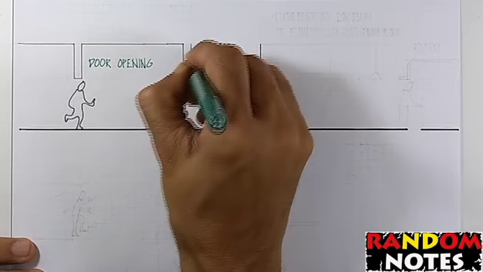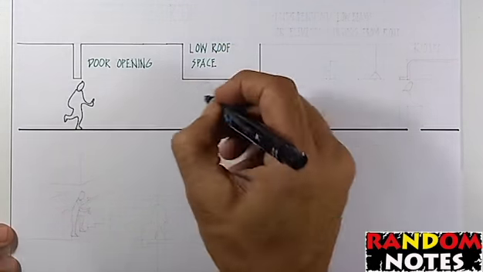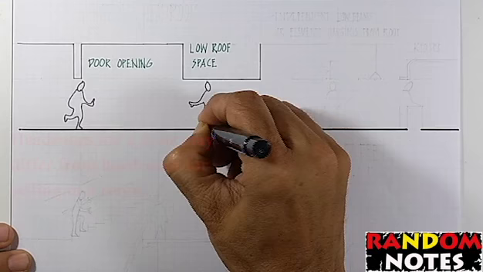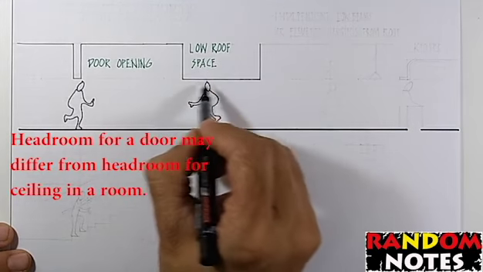Another situation may be that of space with low ceiling. This may be a corridor, a floor below mezzanine, or a false ceiling under a slab. This is also designed with appropriate headroom.